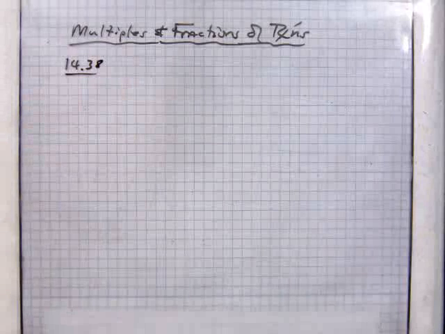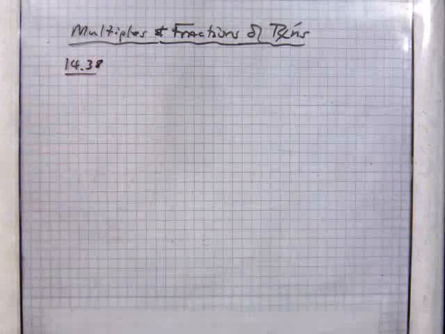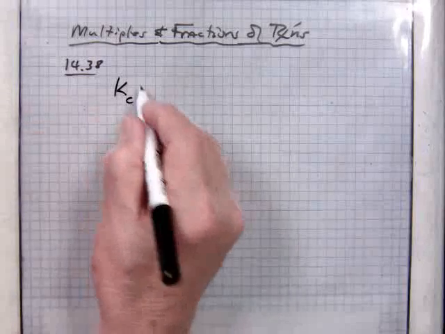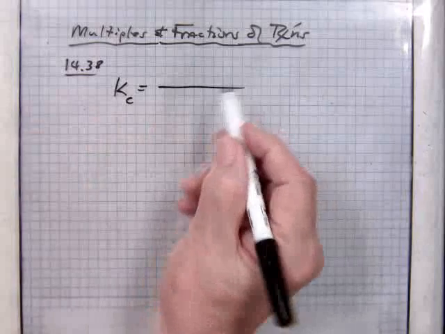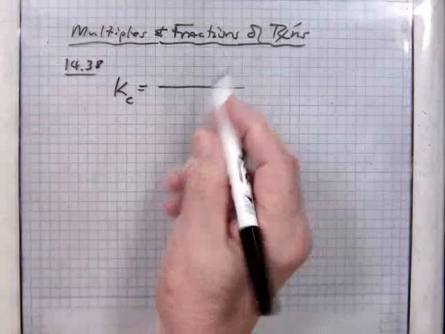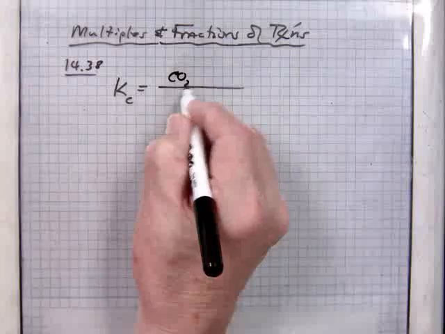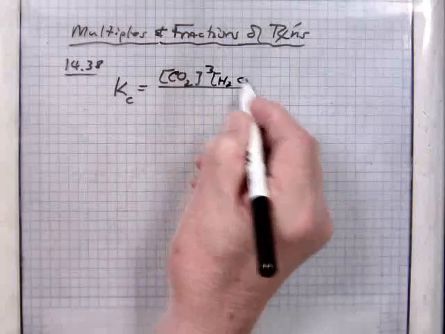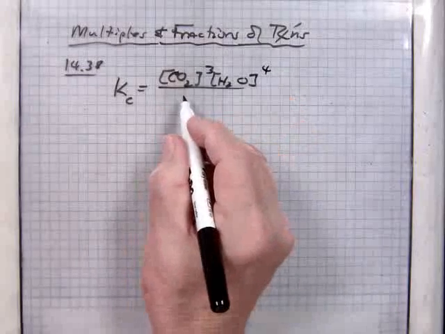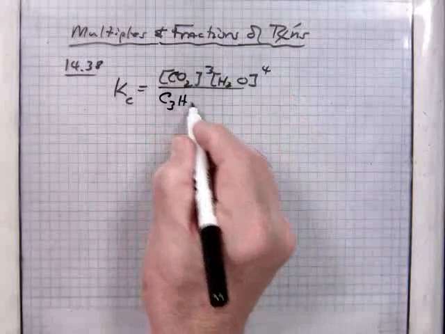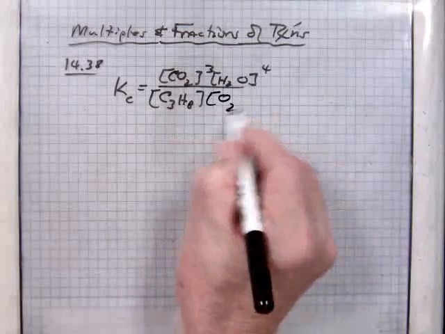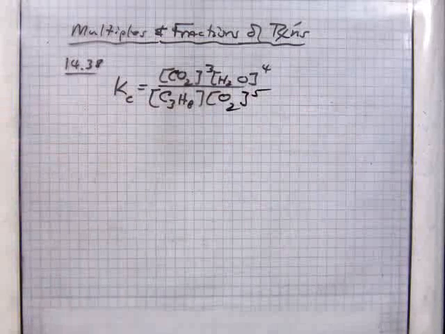The equilibrium constant expression for a gas is given by this, Kc is equal to CO2 to the third power, H2O to the fourth power, over C3H8 and O2 to the fifth. And they want to know, write the balanced chemical equation corresponding.